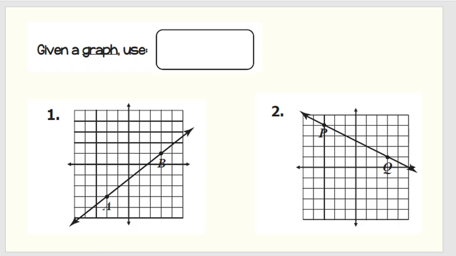If you're given a graph, how you solve it depends on what kind of problem you're starting with. When you're given a graph, you're going to want to use the rise over run, or change in y over change in x, which is probably better.